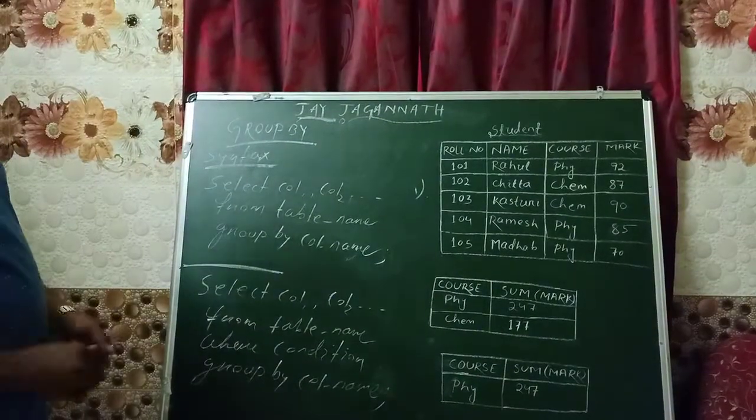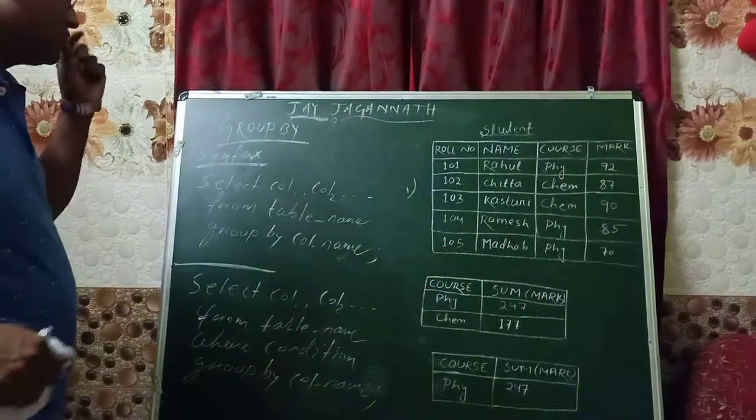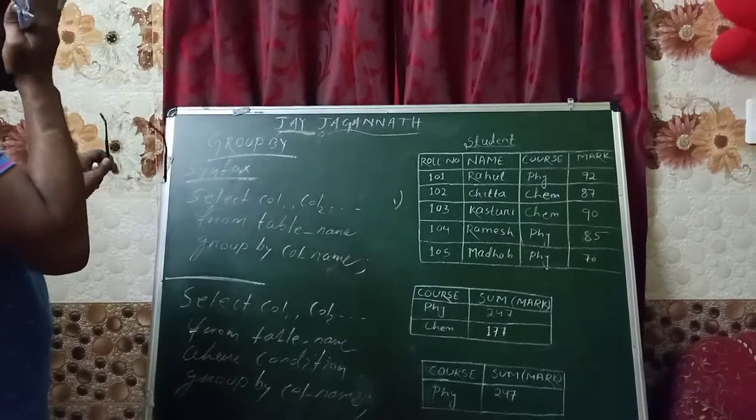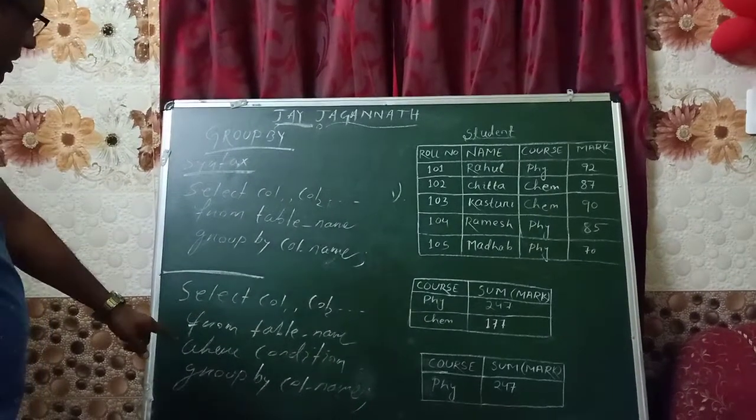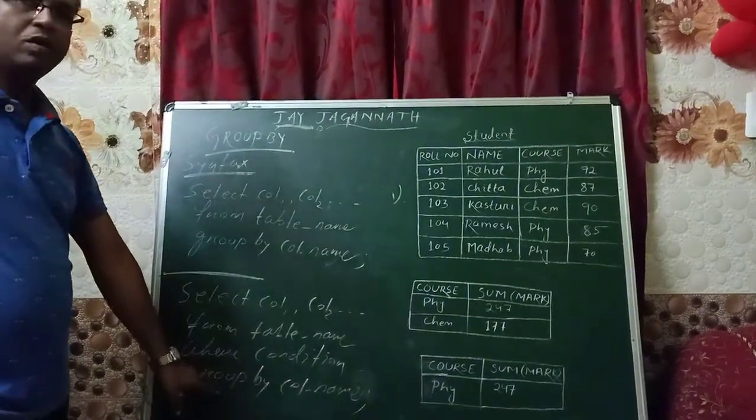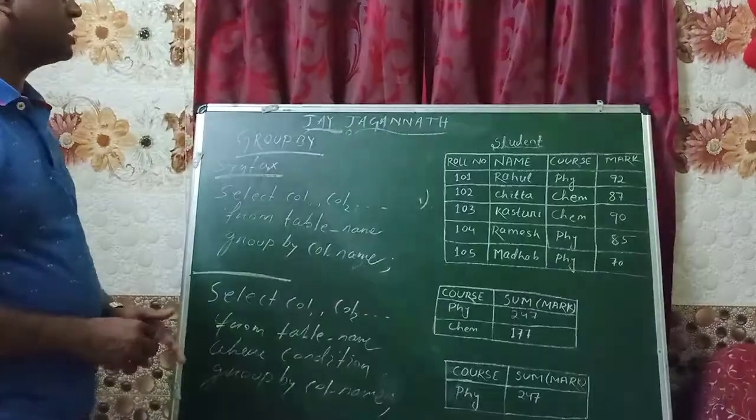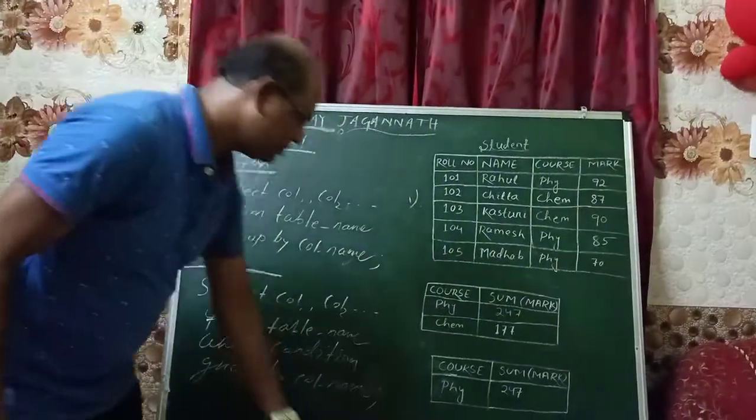This type of syntax you can also use. If you use the where clause, then the where clause must be mentioned before the group by clause. This is the syntax of group by clause.